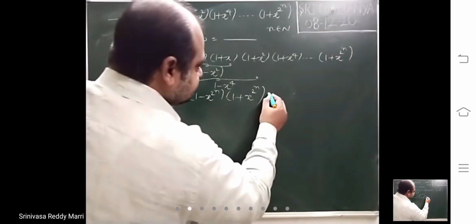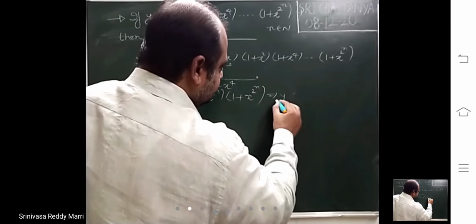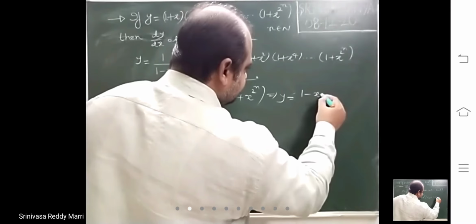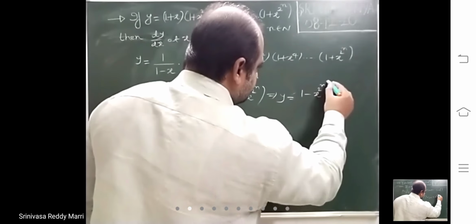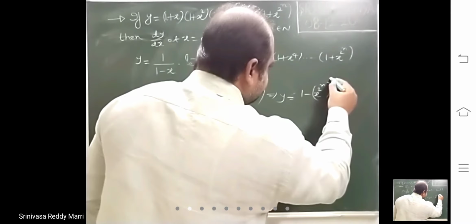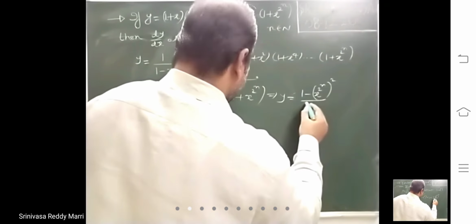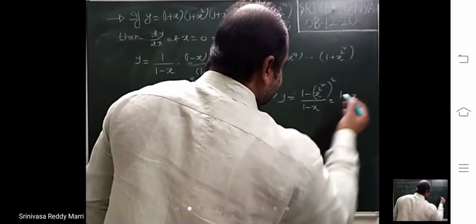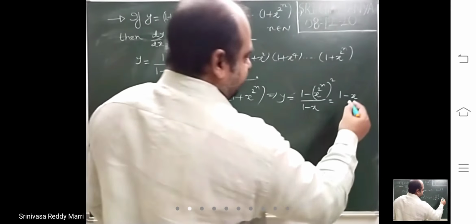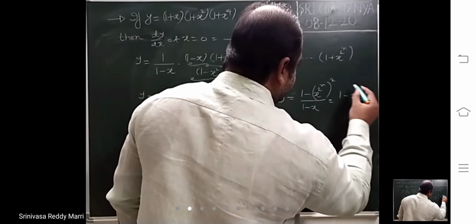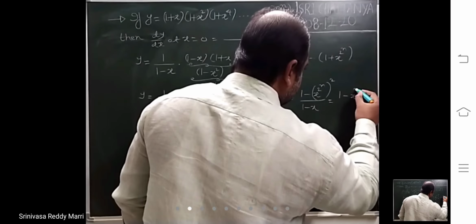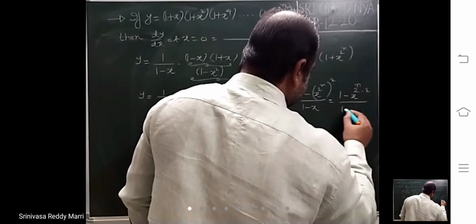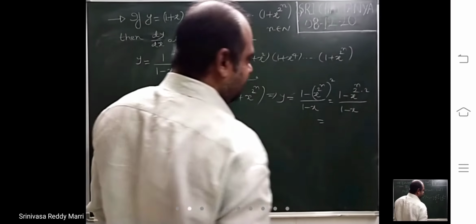That implies y is nothing but a minus b into a plus b, whole square, divided by 1 minus x. That means 1 minus x power 2 power n into 2. A power m whole power n is what?